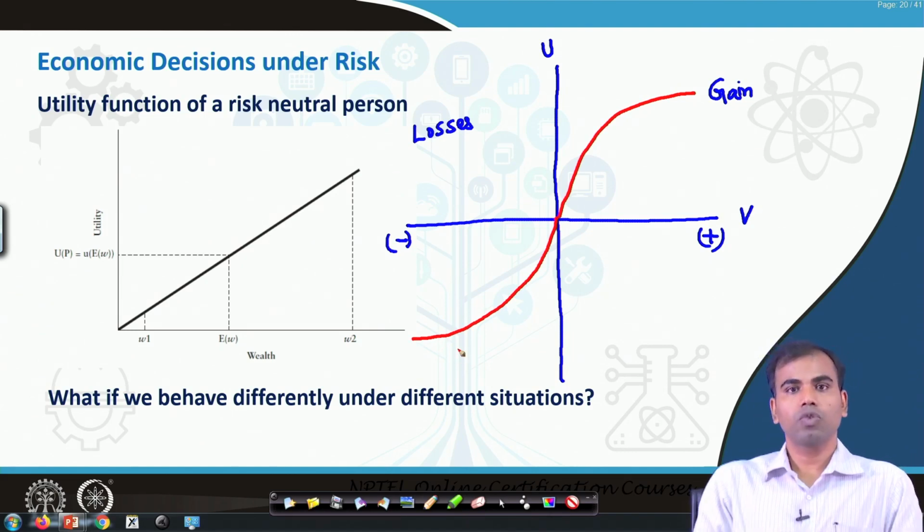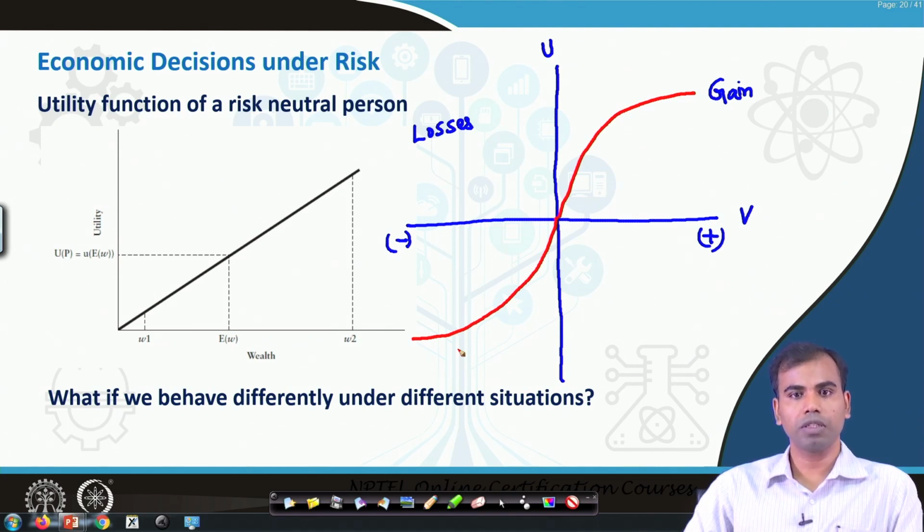This is what is known as the prospect theory curve, or the utility function for a human being, which is different from Homo economicus.